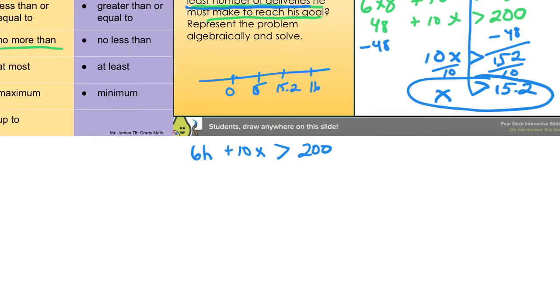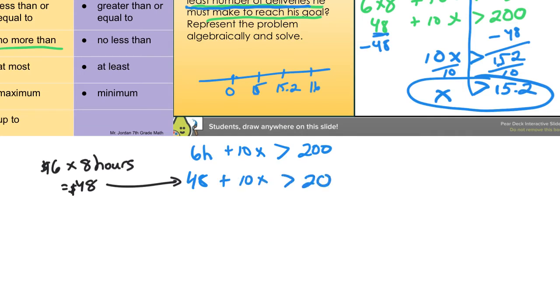So I look at my original equation, 6h plus 10x is larger than 200. That would be 48, as I saw up here. 48 plus 10x is larger than 200. So if I substitute x with 15, I would go 48 plus 10 times 15. 10 times 15 is 150. 48 plus 150 is 198.